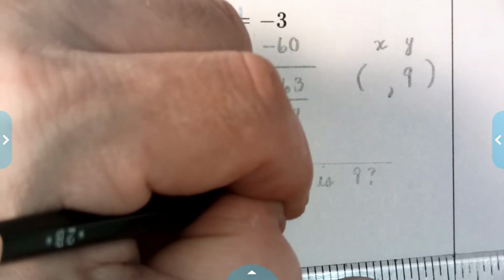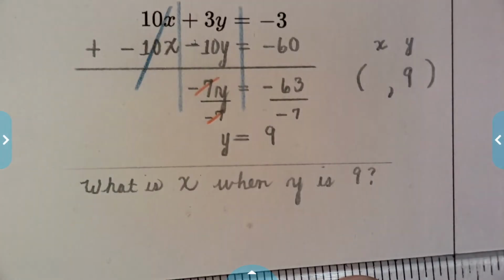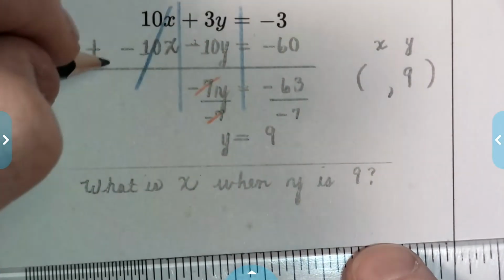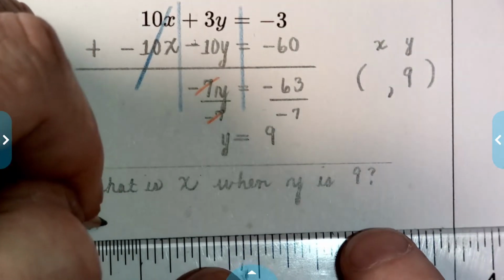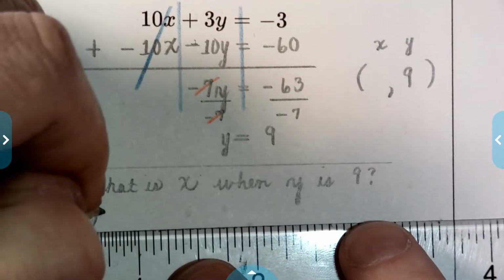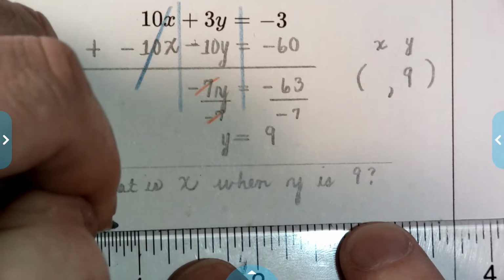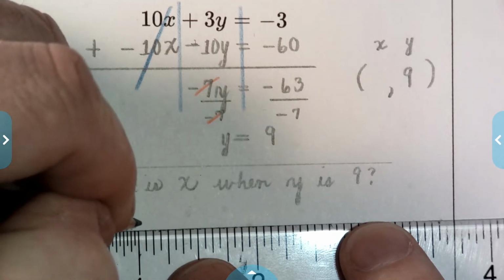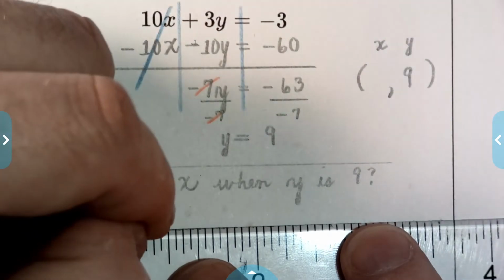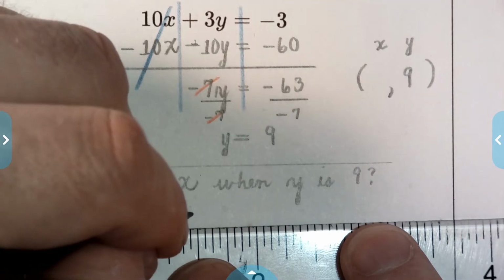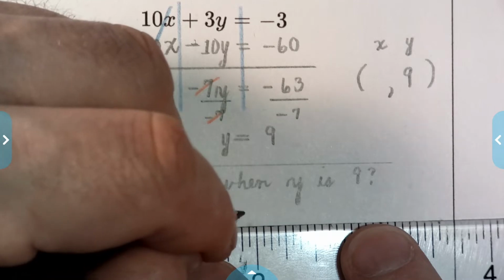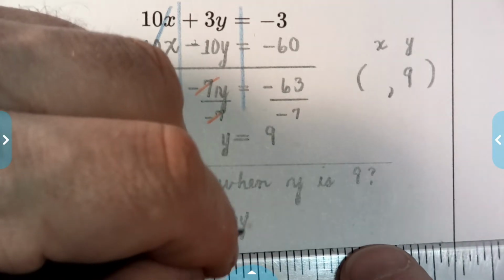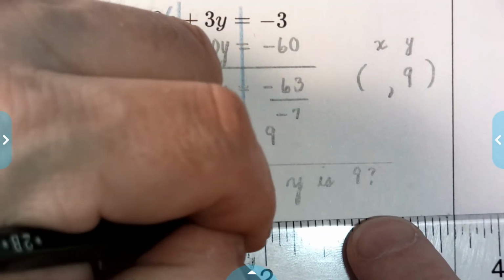Okay. I just want to make sure that's the question we're trying to answer. So let's take this equation given: 10x plus 3y equals negative 3.